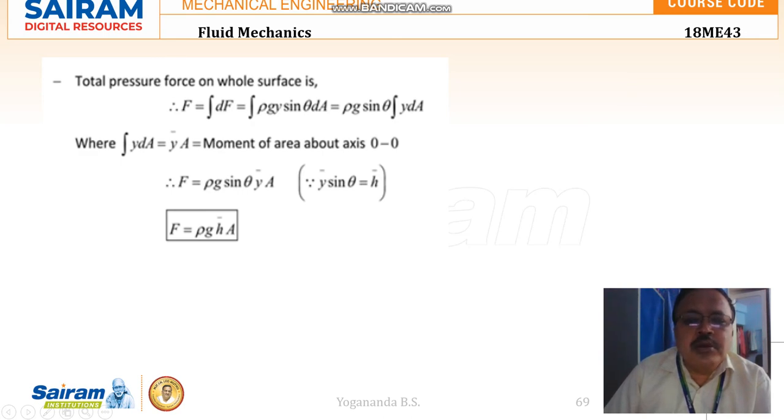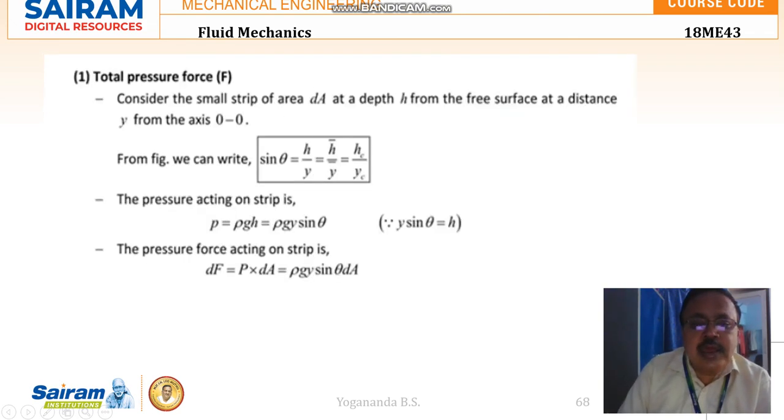So now the integration of area into distance, dA into y, is nothing but my area into y bar. That is area into distance, which means the moment of the area about the axis OO.